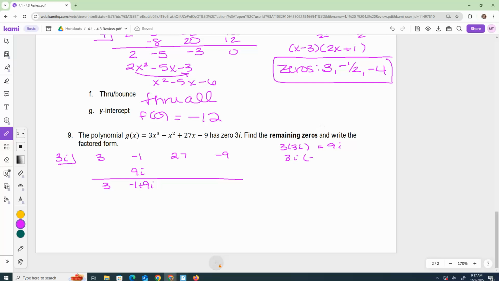So I'm gonna have 3i times negative 1 plus 9i. That's negative 3i plus 27i squared. And 27i squared is, so I'm gonna add those, the 27's drop. 3i times negative 3i is negative 9i squared.